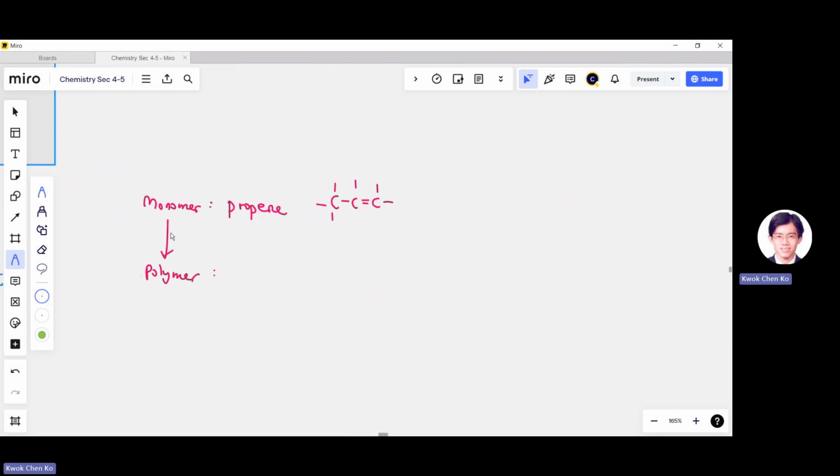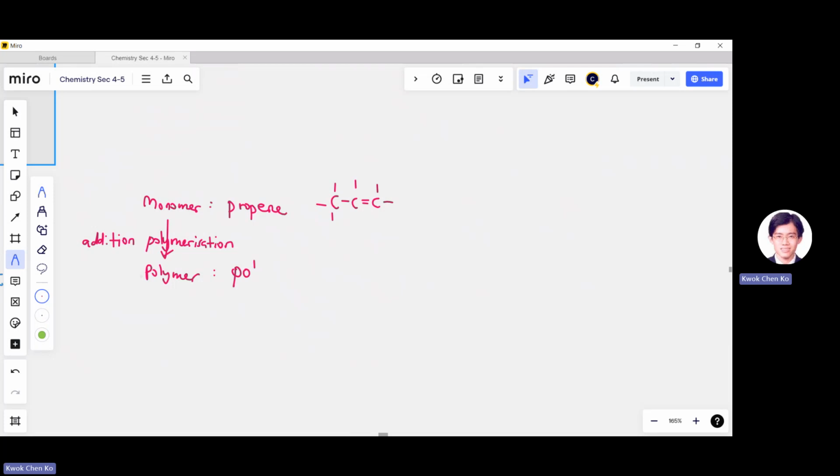What is that reaction called, from monomer to polymer? Okay, good. It's addition polymerization. What's the name of the polymer after polymerization?